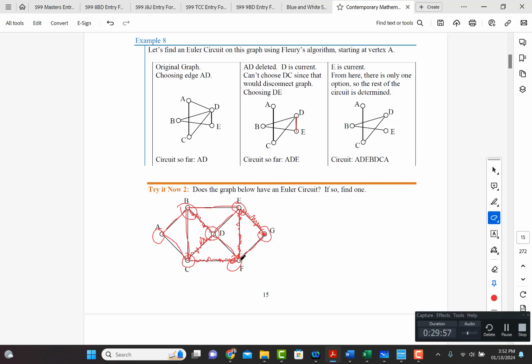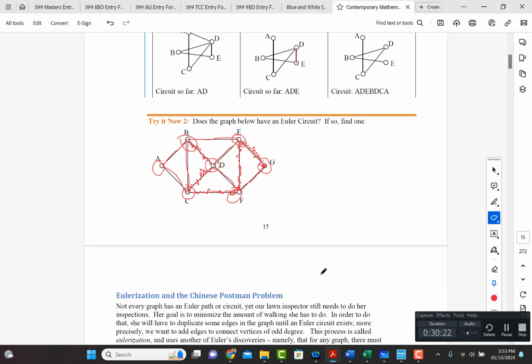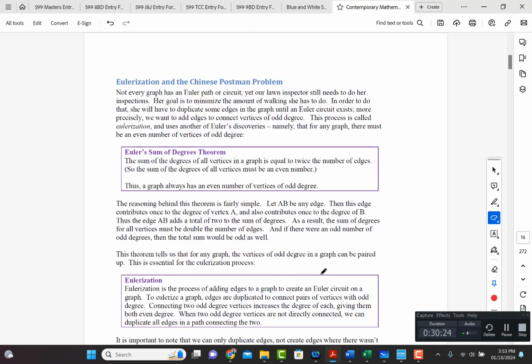G, E, F, C, D, B, A, C, B, E, D, F, G. I believe that's right. All right, and we will stop there.